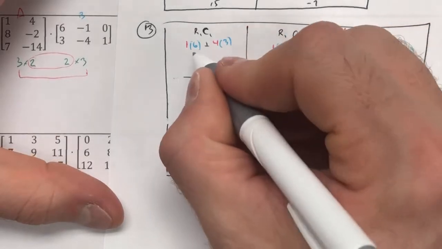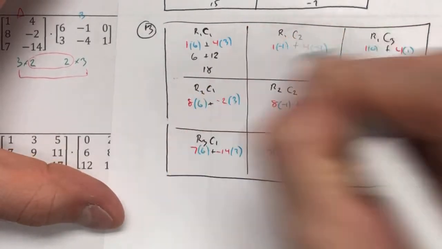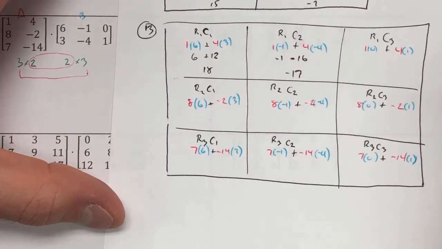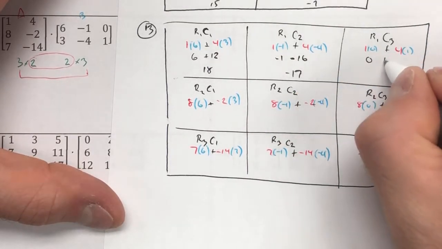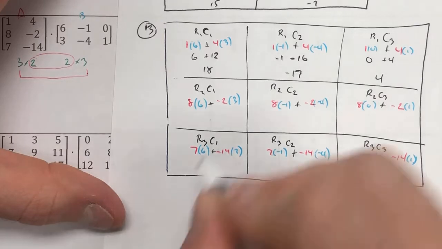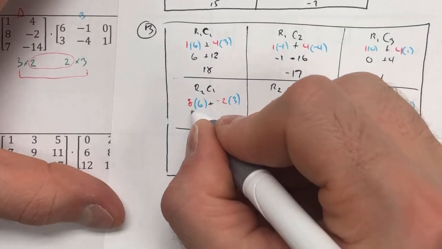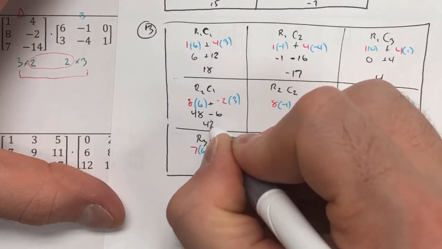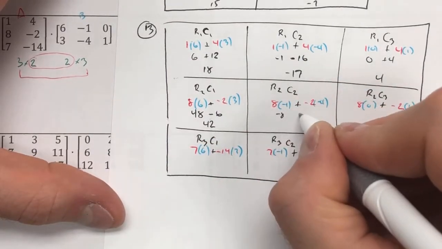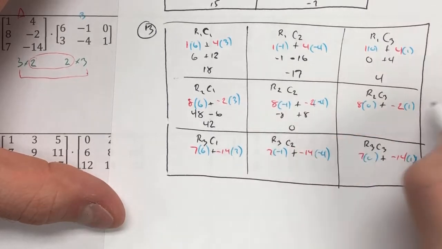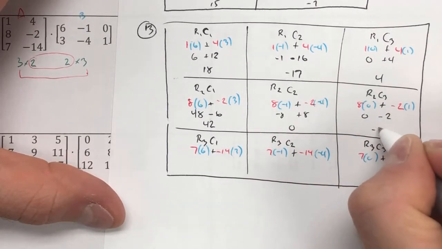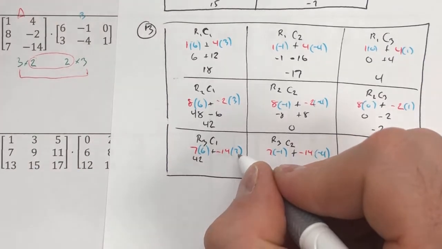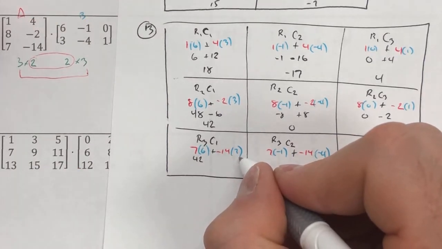So for my first one, I'll get 6 plus 12, which is 18. -1 minus 16, which is -17. I'll get 0 plus 4. For the second row, that is 48 minus 6, which is 42. Negative 8 plus 8, 0. Minus 2. My own handwriting, I can't read it.